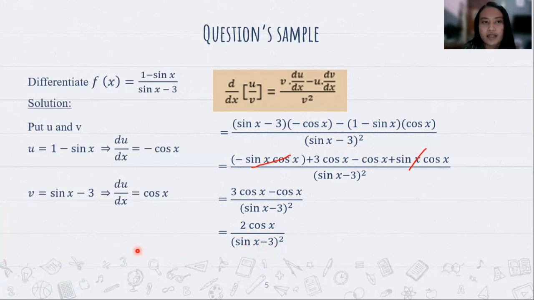The conclusion: the derivative of f(x) equals (1 minus sine x) over (sine x minus 3) is 2 cosine x over (sine x minus 3) squared.